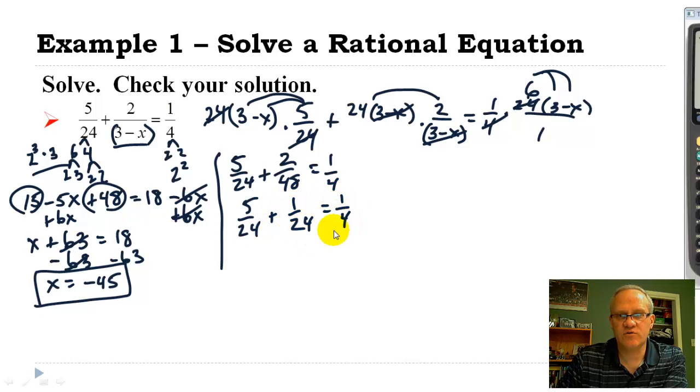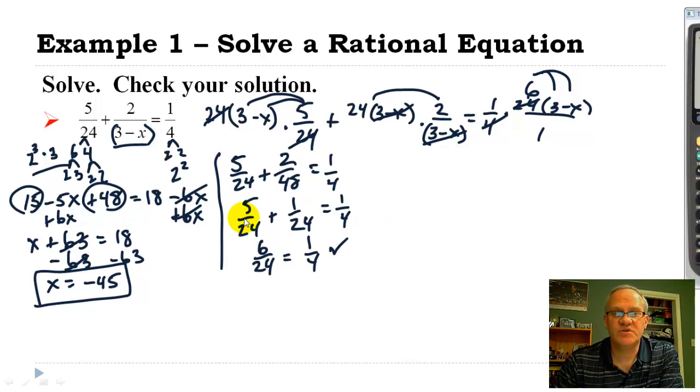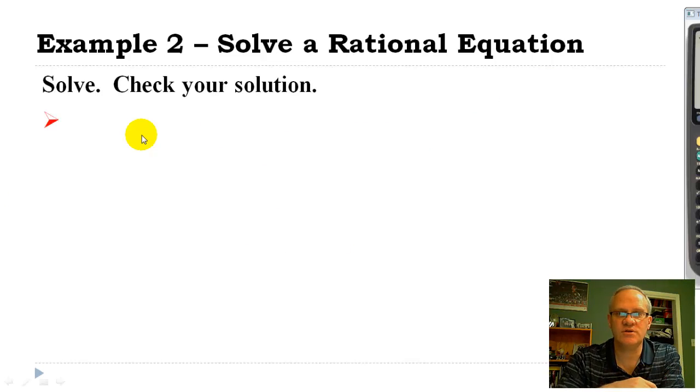Does that equal 1/4? Well, when you add it together, this is really 6/24. And so that would reduce. Divide by 6 to get 1, divide by 6. And so, yeah, that works. So you can see it worked. But that's the big thing to watch out for, is making sure that what is under here cannot equal 0. Okay? All right. That's example number 1.